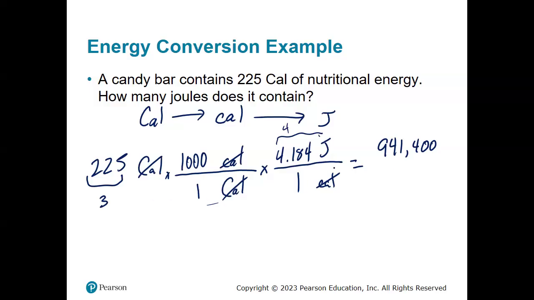We go with the fewest sig figs, so that would be 3. The third significant digit is this 1. So rounding from the 400, 400 would round down to 1,000 as opposed to up to 2,000. So 941,000 joules would be the properly rounded answer.